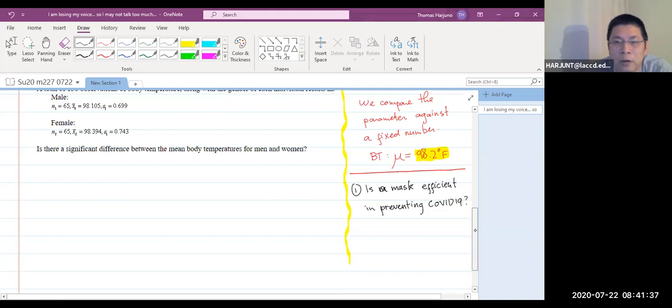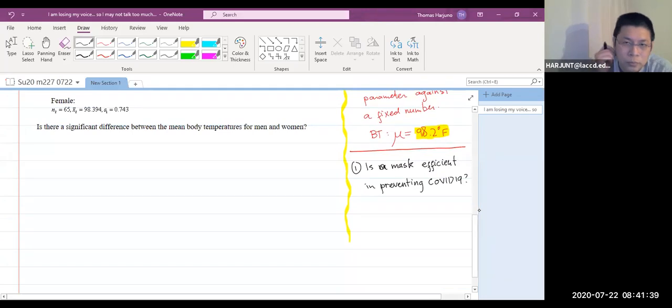In preventing COVID. So we want to show that the proportion of people wearing masks will get less than 5% getting COVID, let's say.